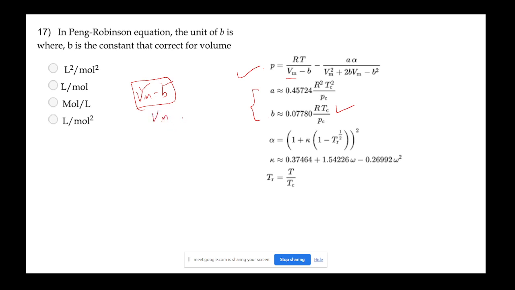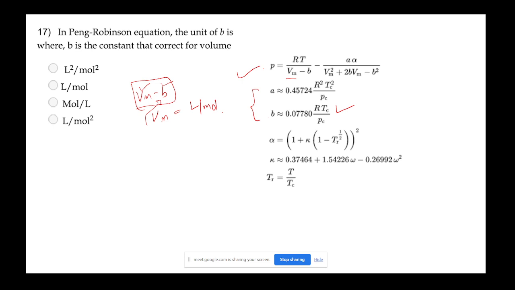Vm is molar volume, because you have not taken n into consideration here, so Vm is V by n. So Vm will have unit of liter per mole. Similar unit will apply to B, because any two quantities of different units are not able to add or subtract. So they both should have the same unit.